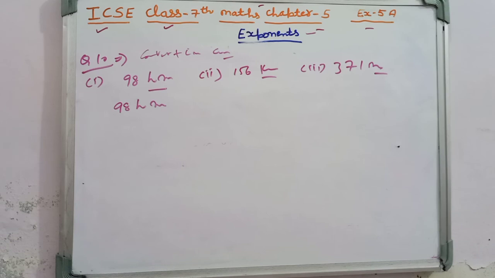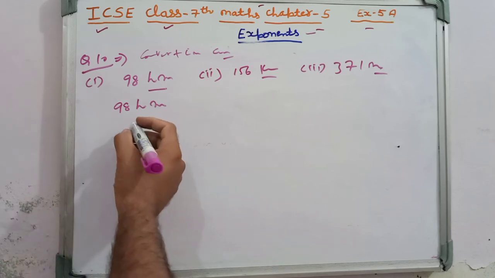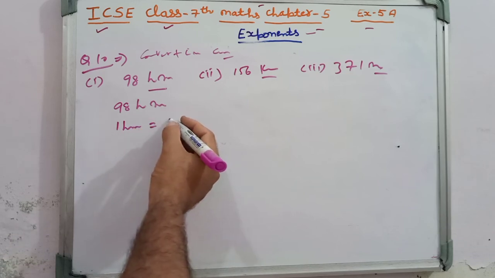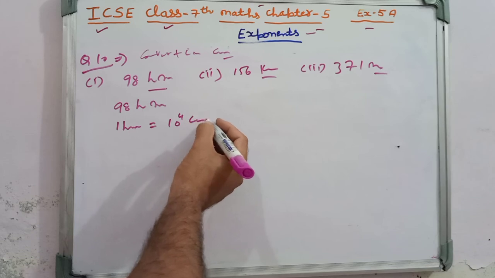So 1 hectometer, 10 decameter, and we have to take it in centimeter, is equal to 10 raised to power 4 centimeter.